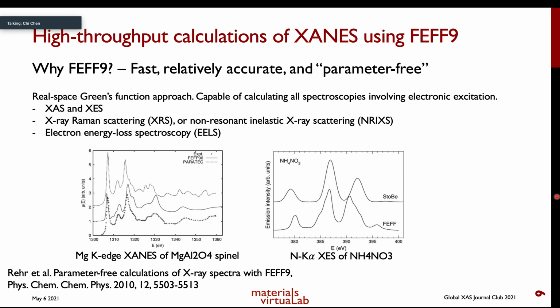And lastly, most importantly, the software has to be relatively parameter free, because when you consider all the chemistries, you cannot really fine tune the parameters for each of the species, right? You have to have some kind of robust setting that you can apply to all the elements or all the compounds. And FEFF9 is actually the perfect software that satisfies all the needs that we have.